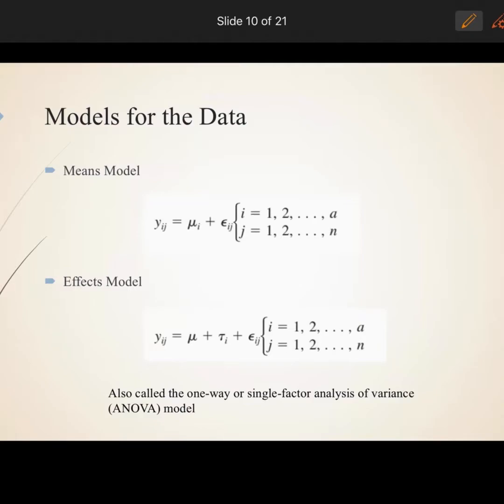In the first model, which is the means model, we see that the expected value of an observation in run j for a given factor level i is equal to the mean of that factor level plus error due to any unexplained variation here. So Yij here is the observation for run j at factor level i.